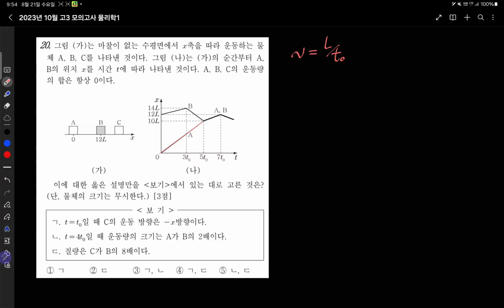So the momentum of A before the collision is mass of A times 2V.